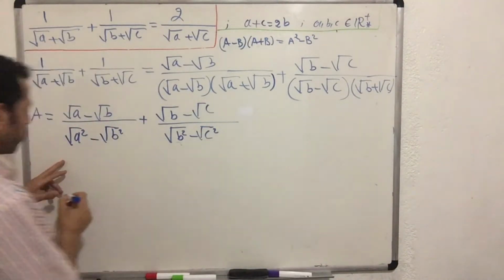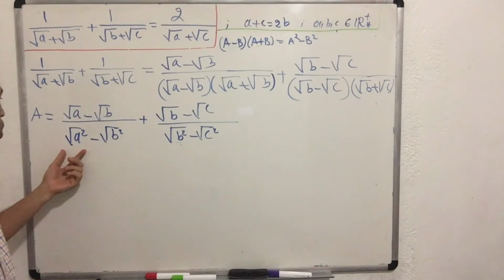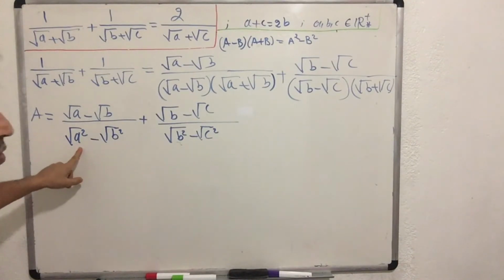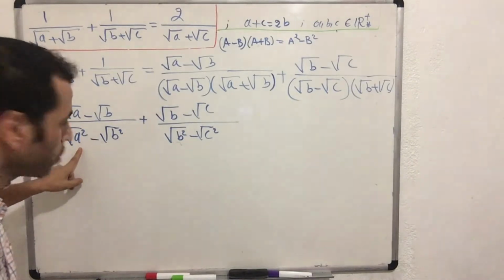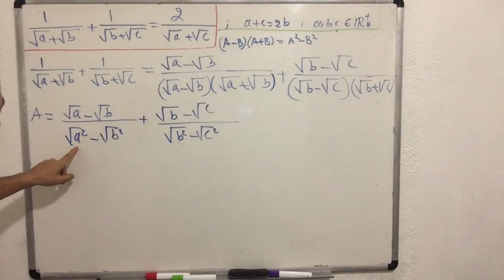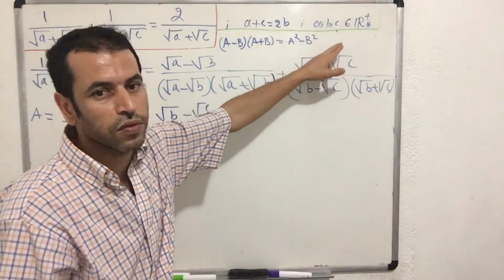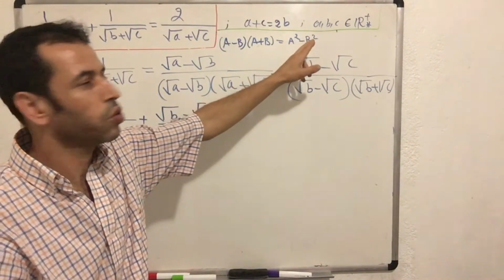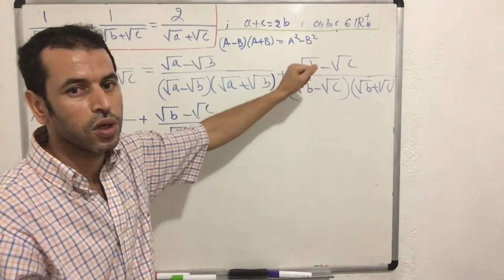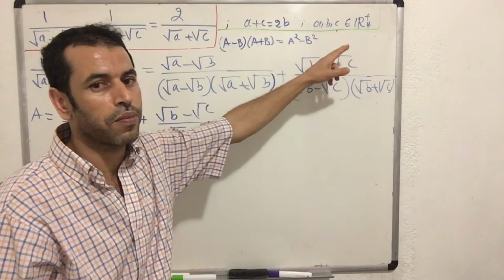Now be careful when you are taking a number out of a square root. You have to put the absolute value, but in our case the numbers are positive, so you don't need to worry about the absolute value in our problem because all the numbers are positive.